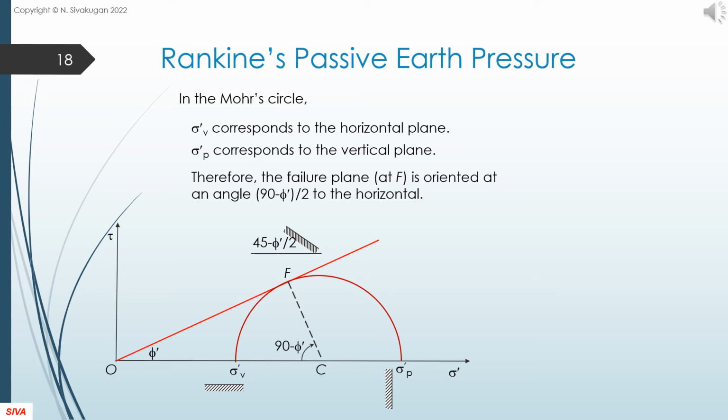From the Mohr's circle fundamentals, we show that the failure plane, defined by point F, is inclined at 45 minus half phi to the horizontal.